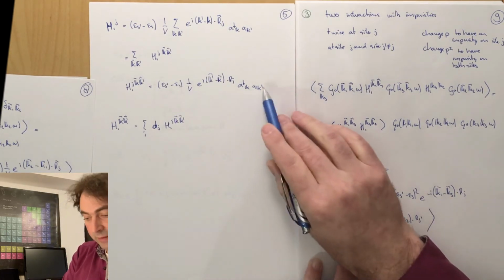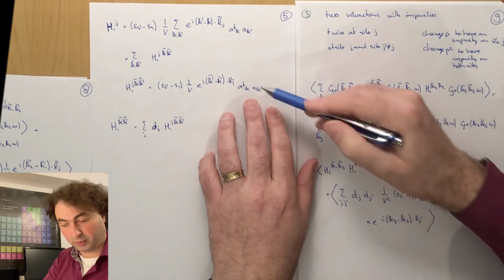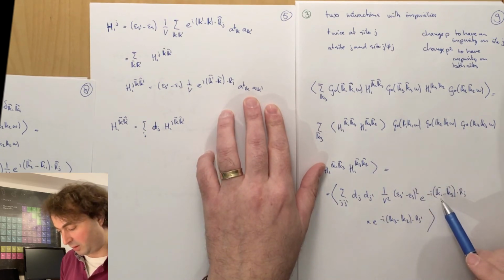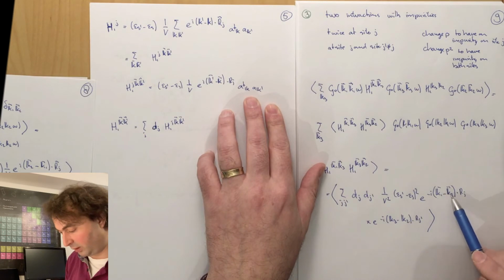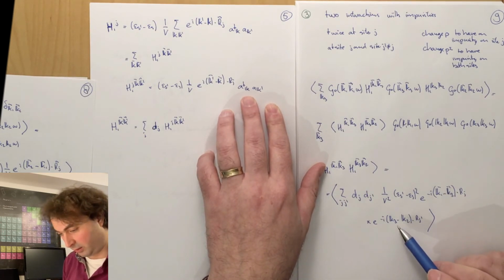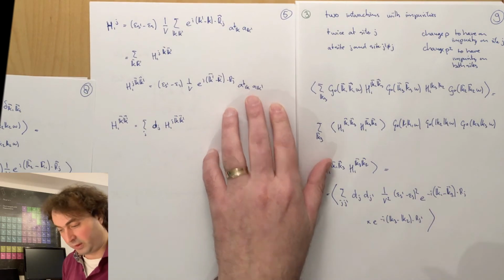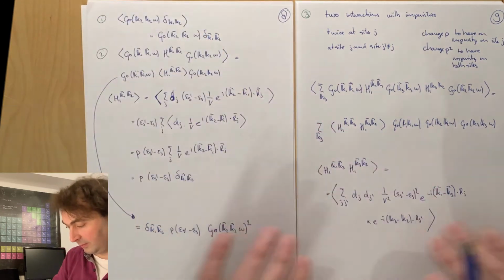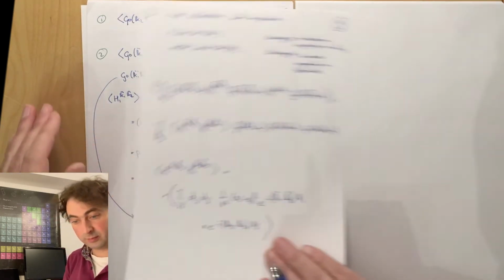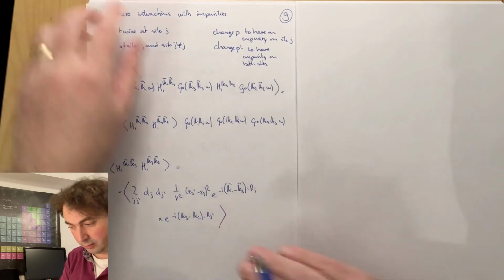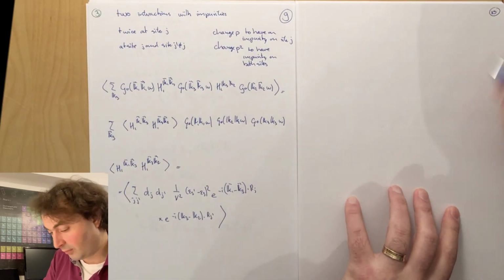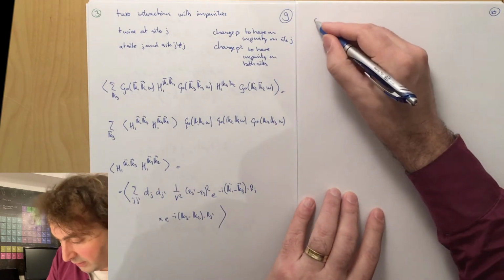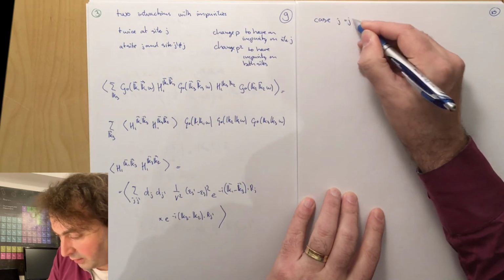Again, I don't have to add the creation and annihilation operators because my Hamiltonian creates and annihilates at k prime and k, but I'm looking at the matrix elements where k prime is equal to k1 and k is equal to k3, or k prime is equal to k3 and k is equal to k2. It now becomes important to distinguish the two different cases. So let's have a look at the case where j is equal to j prime.